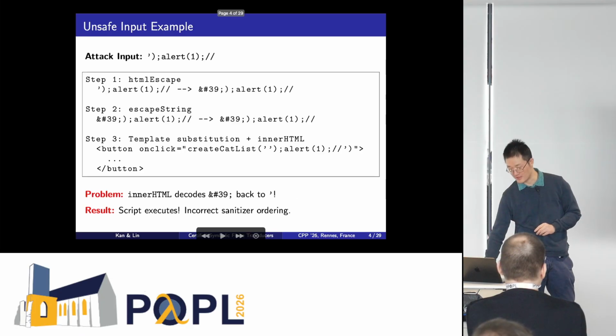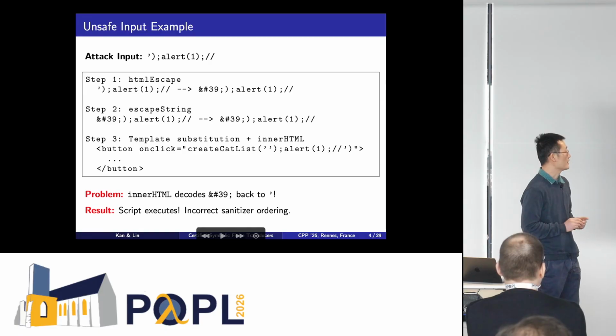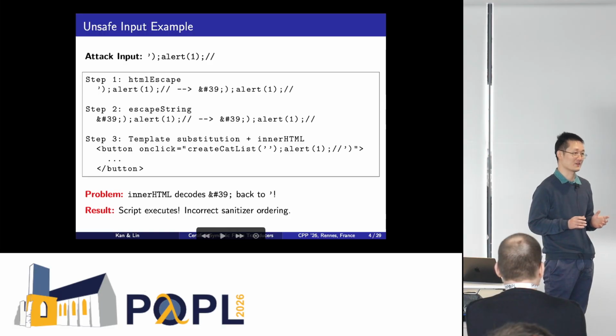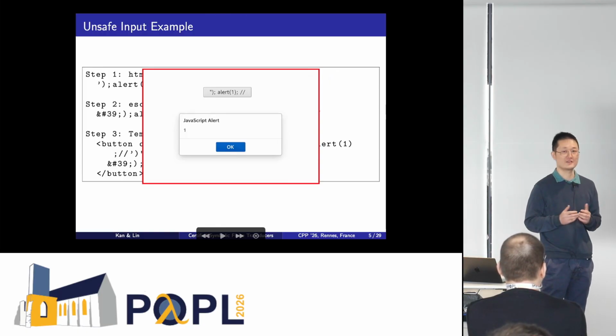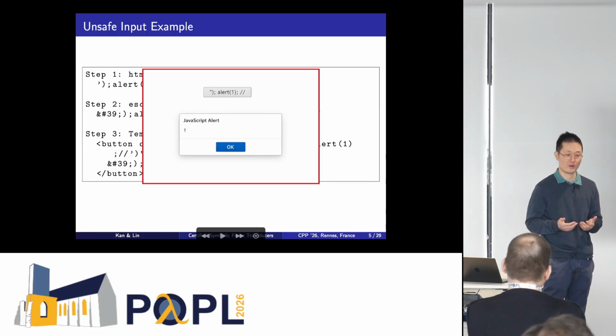But some users may input other things, like this one. It will input alert with some prefix and suffix. Finally, after HTML escape and escape string, it will generate a JavaScript function. So when you click the button, an alert will pop up, something like this. This is obviously not what we want, and all web developers don't want something like this.